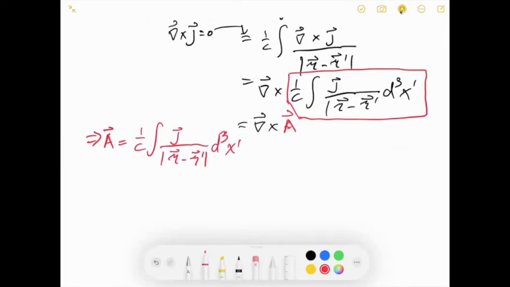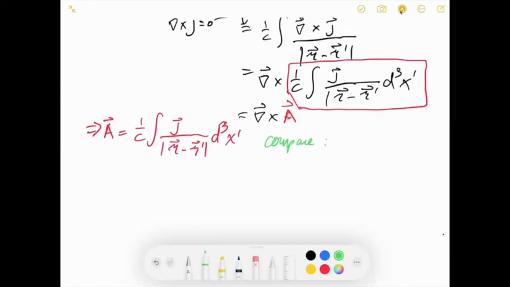Now compare this with the scalar potential from electrostatics, which is just the integral of rho d3x' over R minus R prime.